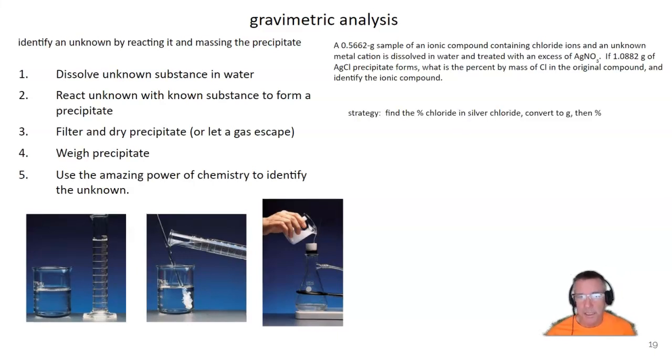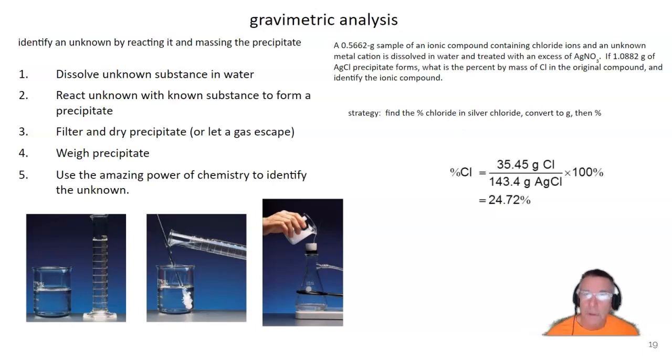So the strategy that we're going to use is to find the percent chloride that naturally exists in silver chloride, convert that to grams. That must have been the grams of chloride that were in the original sample. The rest must be that other metal cation. See those percentages and see what would be a nice match for that.